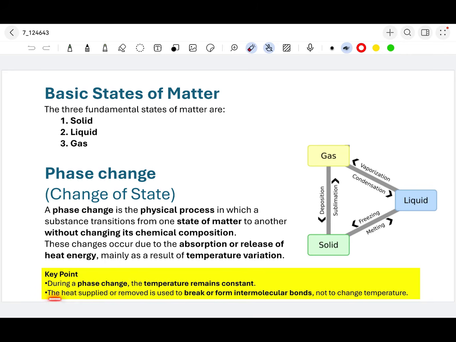The heat supplied is used to break the intermolecular bonds, or we can say the heat removed is used to form the intermolecular bonds, not to change the temperature. So again, we have to remember this: during a phase change, the temperature remains constant.